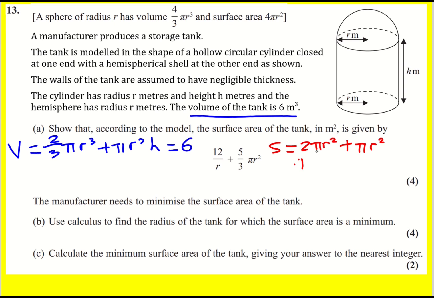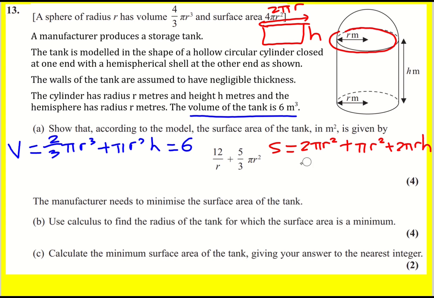When you take the cylinder, imagine you were to unravel it, you would actually get a rectangle, and it would have height h, and this length would in fact be the circumference of this circle, so 2 pi r. So I'm adding 2 pi r h.